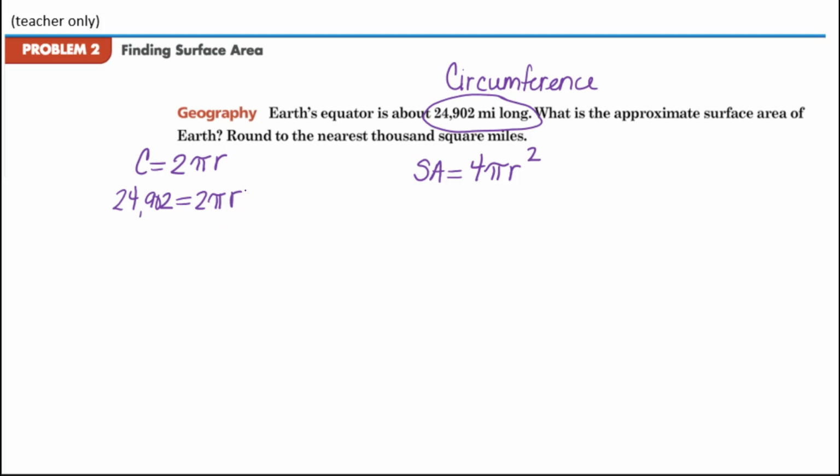Well, pi has a value, 2 obviously is a number, so I can divide both sides by 2 here. So if I take 24,902 and I divide that by 2, I get 12,451 equals pi times radius. Then I can divide both sides by pi.